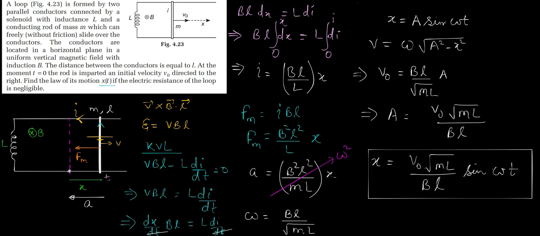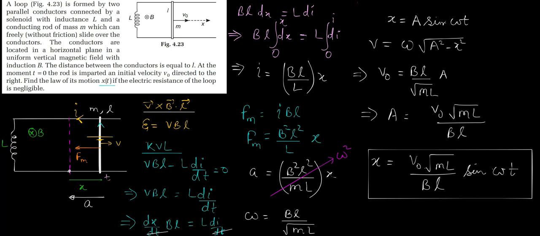So many concepts are involved in this problem, as you can easily see. Let me recap them. The first concept was V cross B dot L, the motional EMF, so EMF is VBL. We simplified this, then applied KVL, Kirchhoff's voltage law, in this circuit. Then it becomes VBL minus L dI by dt is equal to 0. We went on simplifying, got rid of dt, and expressed I as a function of x in order to find the magnetic force as a function of x.